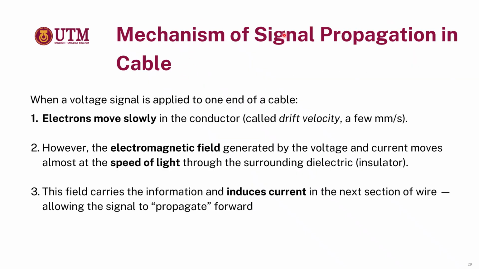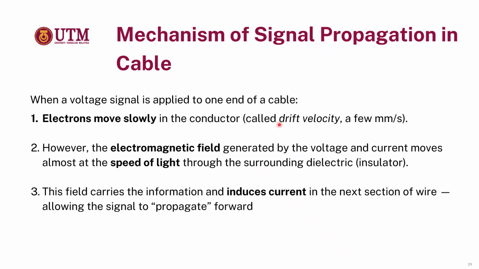Mechanism of signal propagation in cables. When a voltage signal is applied to one end of the cable, let's imagine it's a transmitter, electrons move slowly in the conductor. We call it the drift velocity, a few millimeters per second.